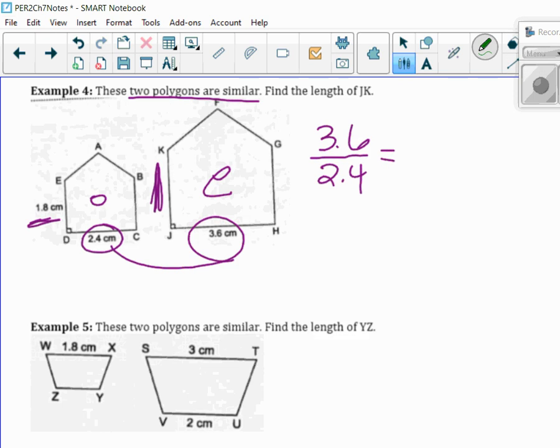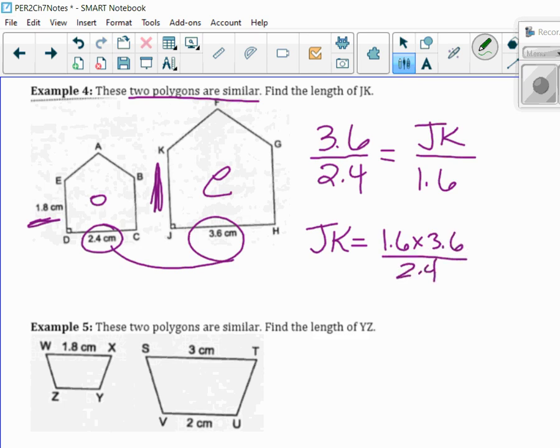If I start with 3.6, I have to start with JK then, because that's on the same pentagon: JK over 1.6. So we do a cross multiply: 1.6 times 3.6 divided by 2.4. And we get JK is 2.7 centimeters.